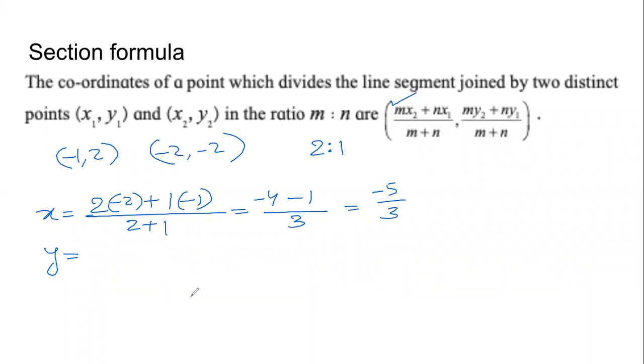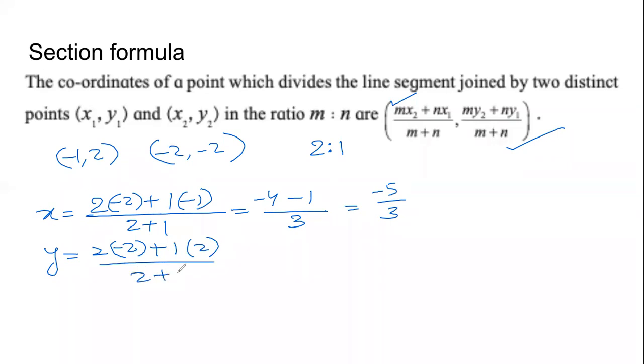When we do the same thing for y, now we will use this formula, (m y2 plus n y1) divided by (m plus n). So same 2 and y2 is minus 2, plus 1, now y1 is 2, divided by m plus n.